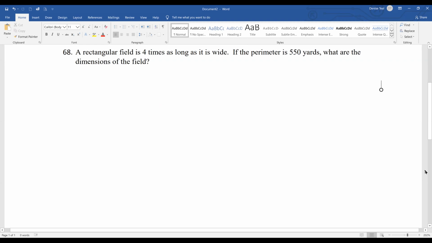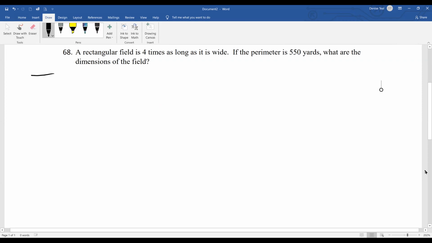Here we are again. You have a rectangular field, so you can just start out with a rectangular field. Let's draw a little rectangle here.